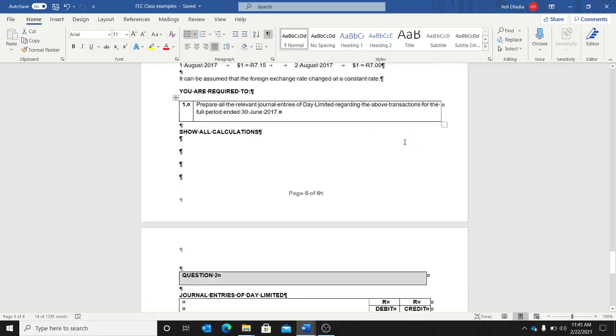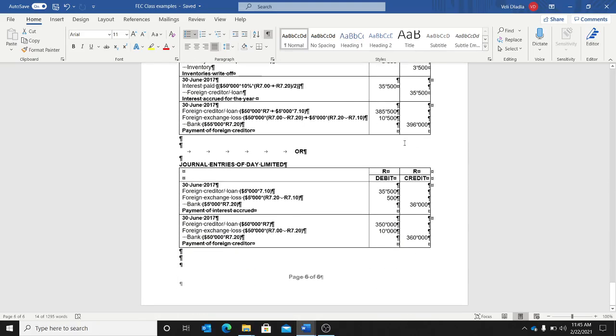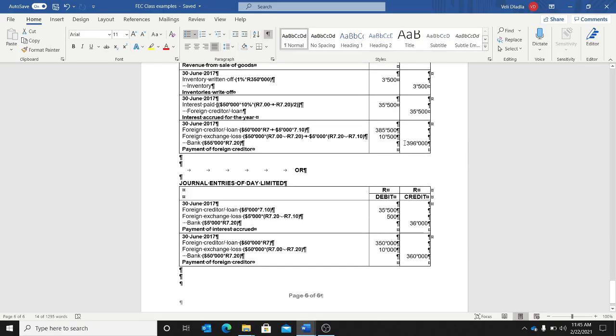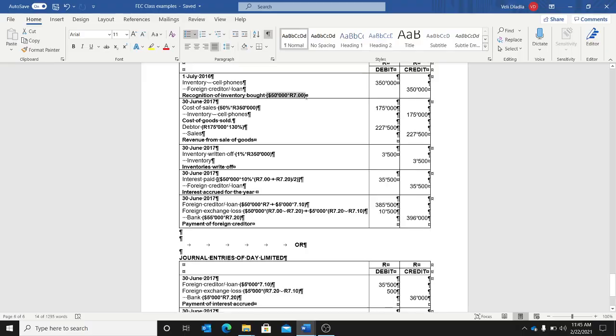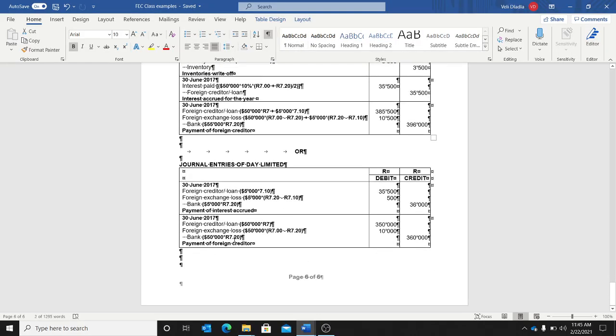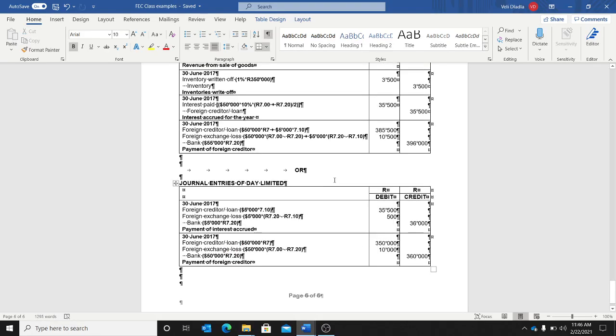So there's no translation in this one, because the amount will be paid by year end. At year end, you'll pay the 50 that you raised here, but you are paying it at 720. I'm paying a 50 that I raised at 7, but now it is costing me 720, so I'm losing 20 cents in between, which is my loss here. The interest, I raised the interest at an average rate.